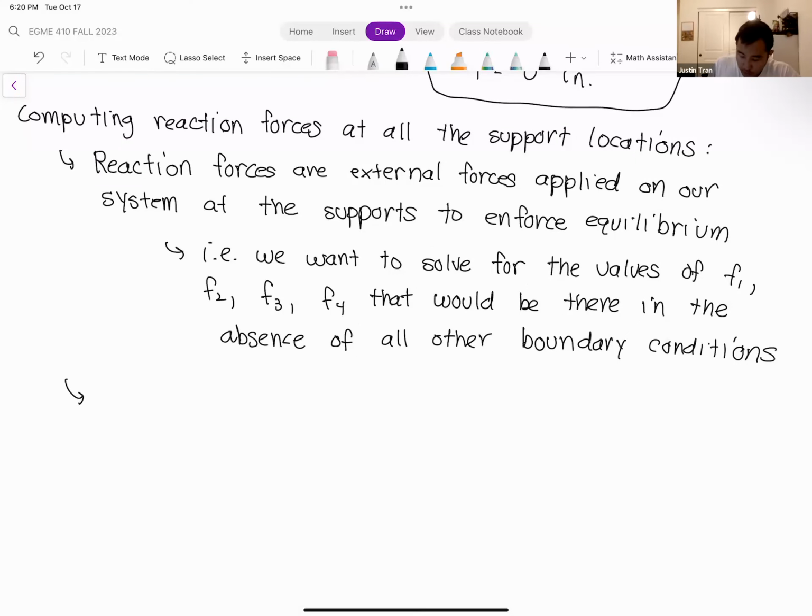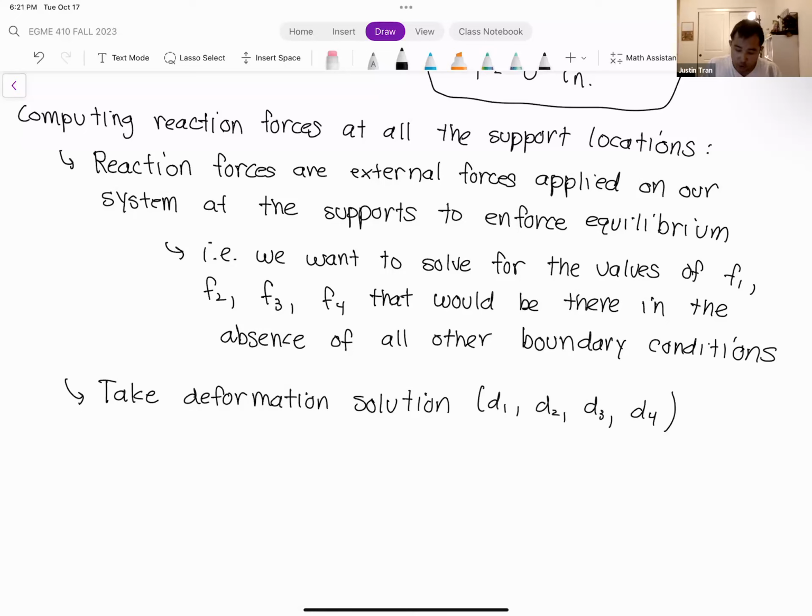And the way that you do this is actually quite simple. You're going to take your deformation solution that you found in the previous step, so that's D1, D2, D3, D4. And you're going to multiply this vector by the original global stiffness matrix before you apply the boundary conditions, so right after assembly, before boundary conditions.